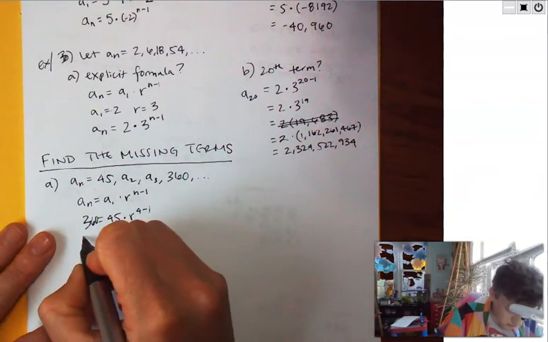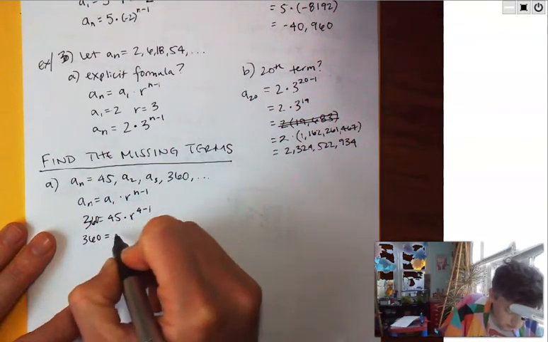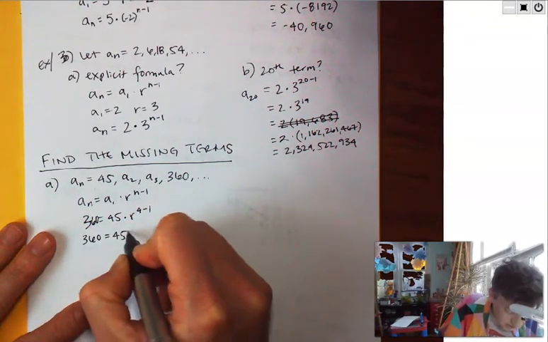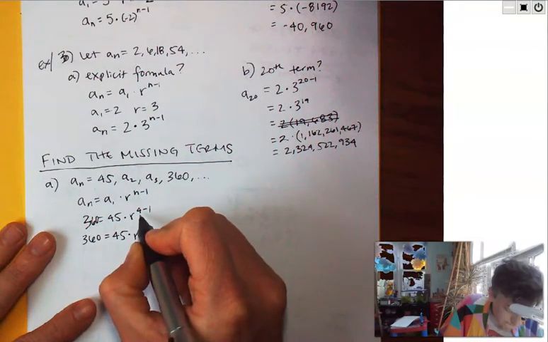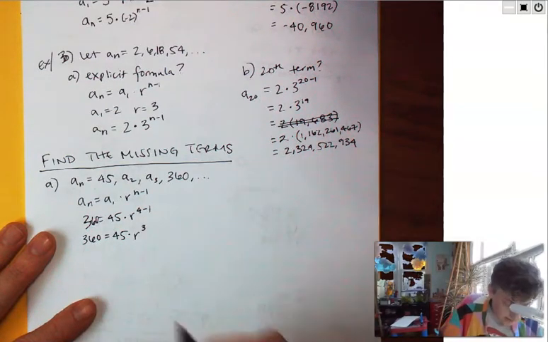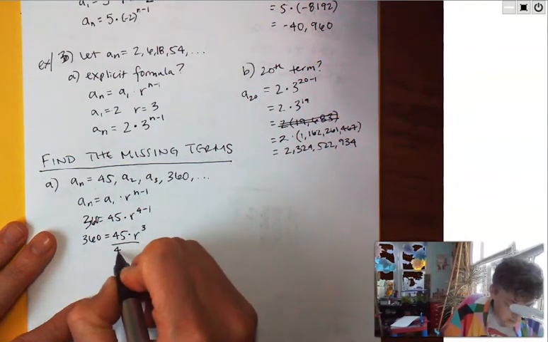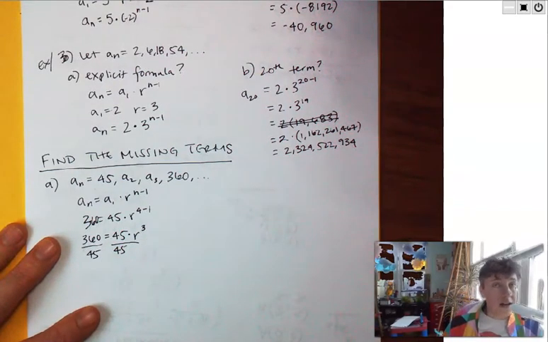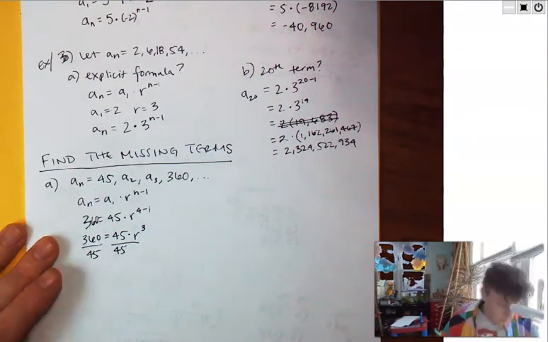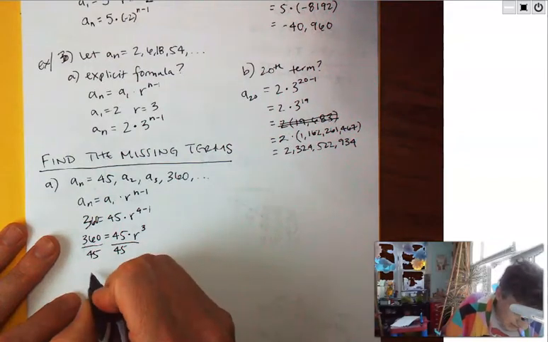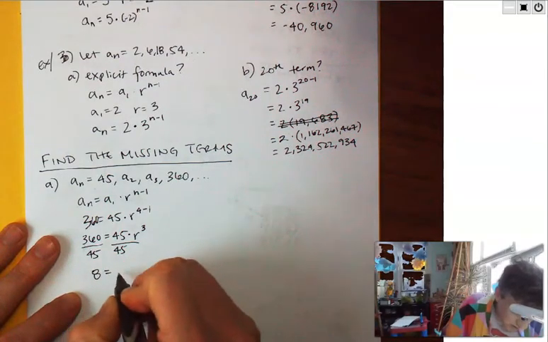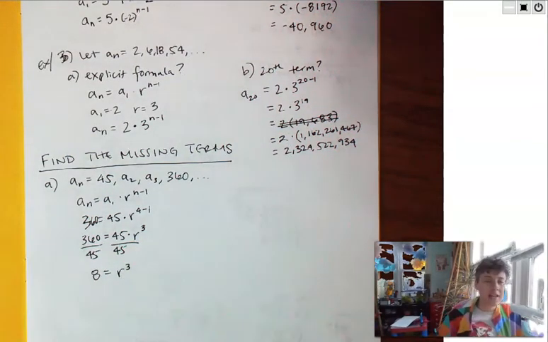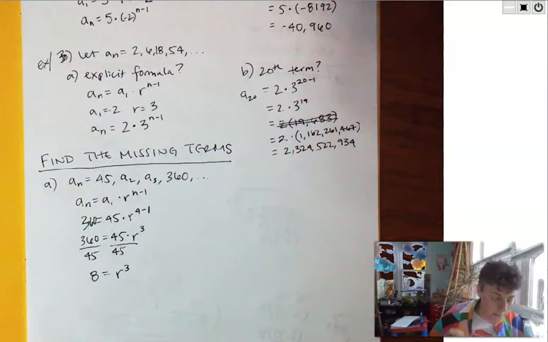Alright, so let's just do some simple algebra. 360 is 45 times r to the 3rd. We're going to divide by 45 on both sides. 90 goes into 360 4 times, so 45 must go in there 8 times. 8 equals r cubed. Gosh, 8 is the best number.